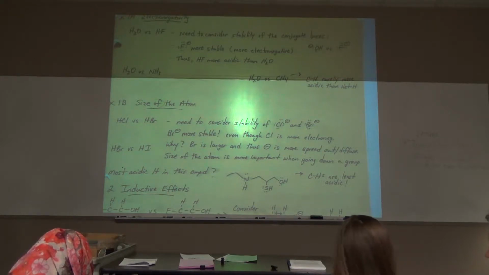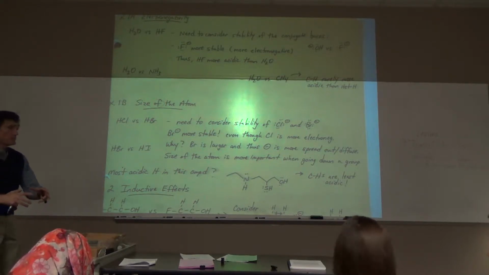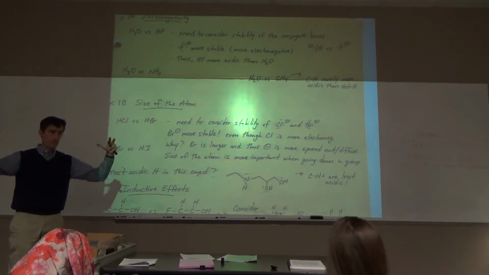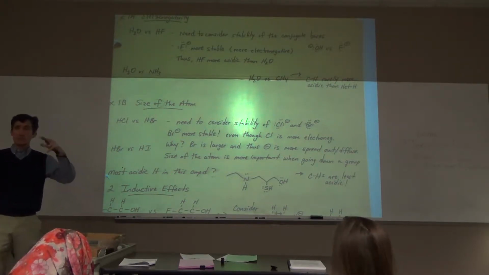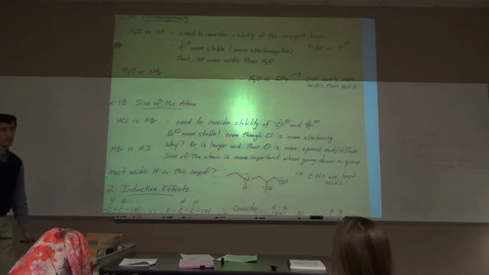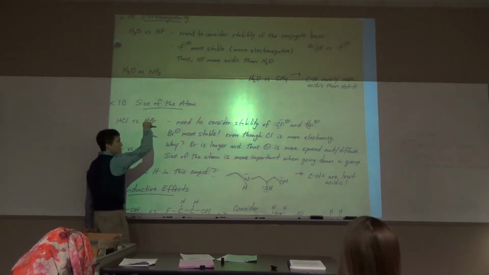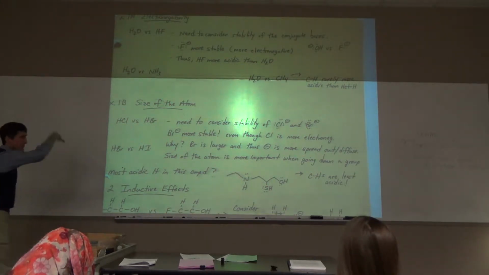Br is not as electronegative, but with Br, the electrons are more spread out because Br is bigger. The electrons are more diffuse. And that's the governing factor in determining stability. Size trumps electronegativity when you're in the same group.